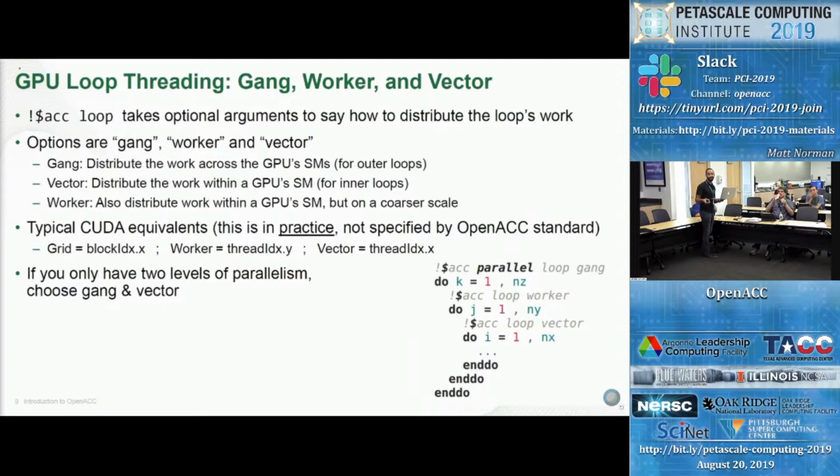It's just the X dimension within a streaming multiprocessor, and worker is the step above that in terms of coarseness. Worker is the Y dimension within a streaming multiprocessor. And gang is the same as kind of a grid in CUDA speak. Gang will spread things across different multiprocessors. So in terms of coarseness of threading, the coarsest is grid and the finest is vector. So I hope that helps answer the question.